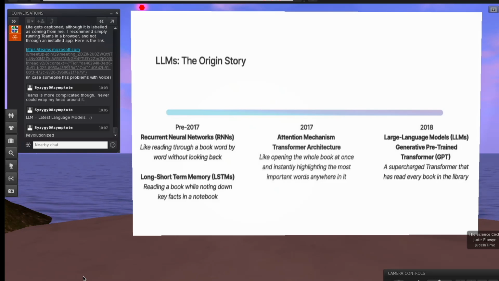But then sometime in 2017, some researchers from Google introduced the attention mechanism and the transformer architecture. And these new models could actually capture the relationship between words in different contexts. And they could even capture portions of data that were the most important in relation to the tasks that they were doing.